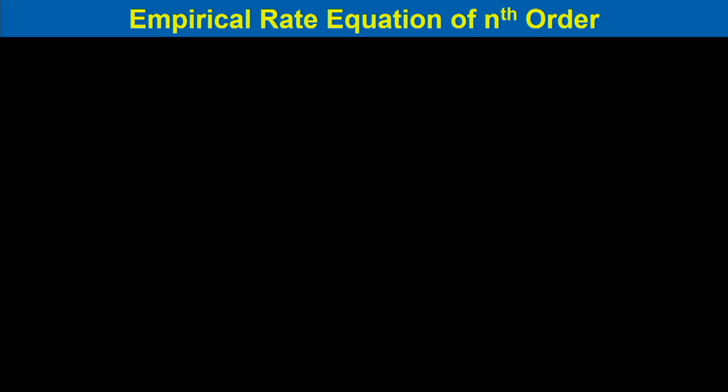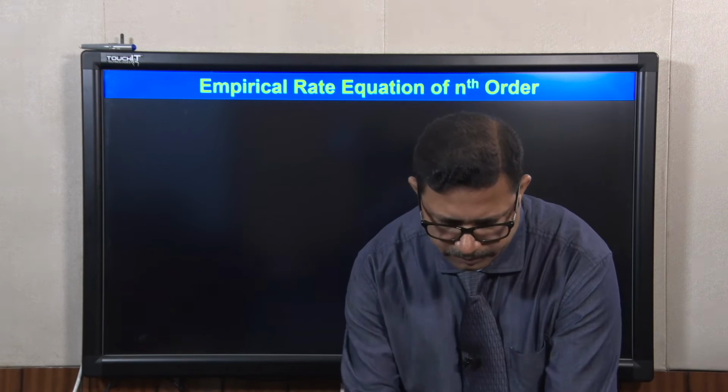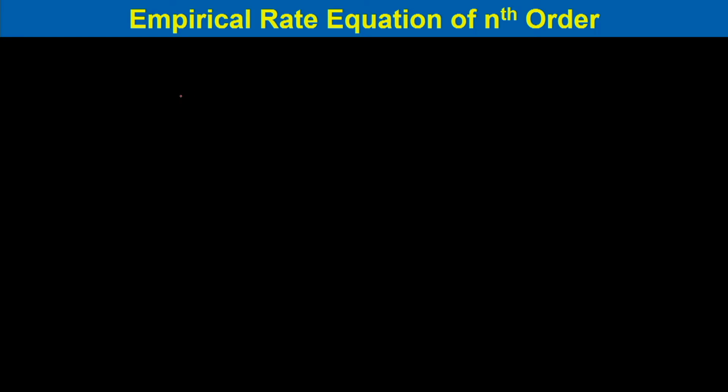Now, let us form a general form of the rate equation of nth order, which is minus r_A is equal to minus dC_A/dt, which is equal to k into C_A to the power n.